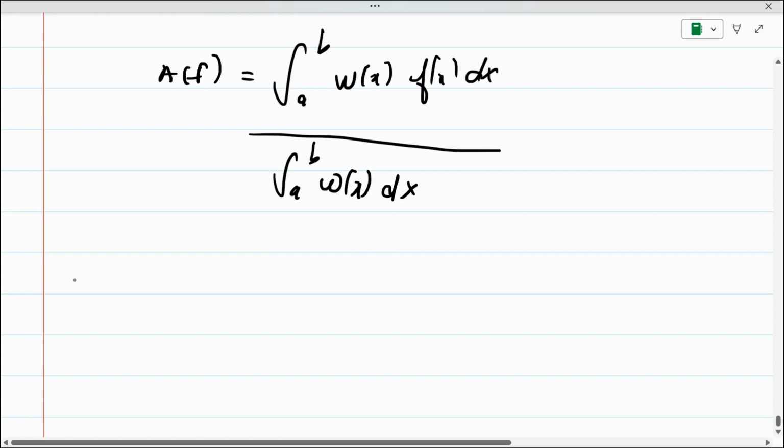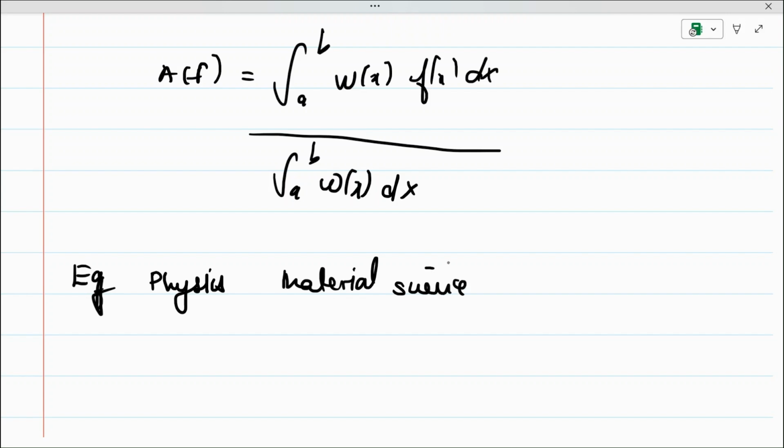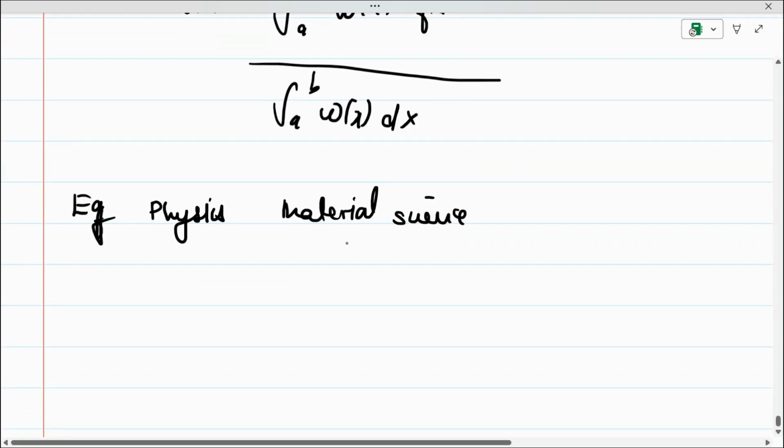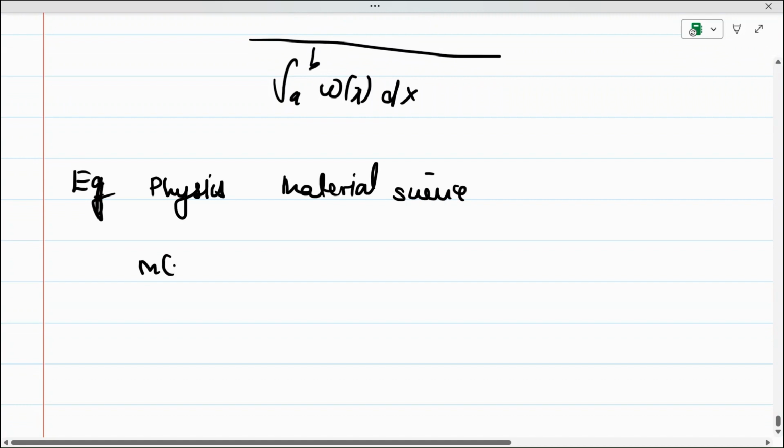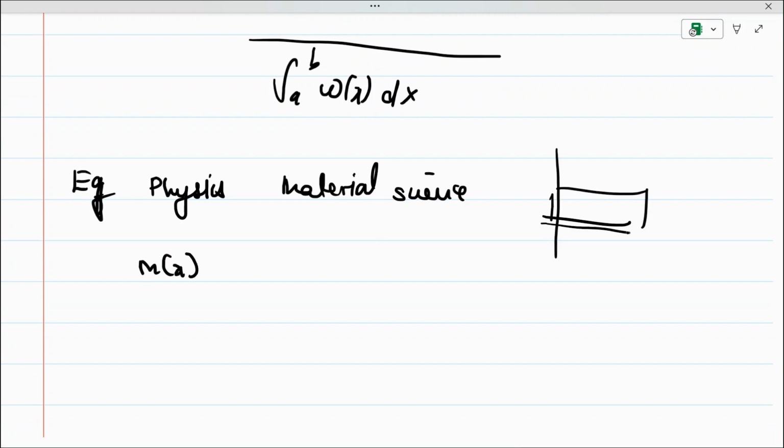The technical form. So if you take an example, in physics or engineering, depending if you're in India or America. So say the mass of a rod. Here we have a rod like this. From the coordinate axis, this is the origin, and this is x.